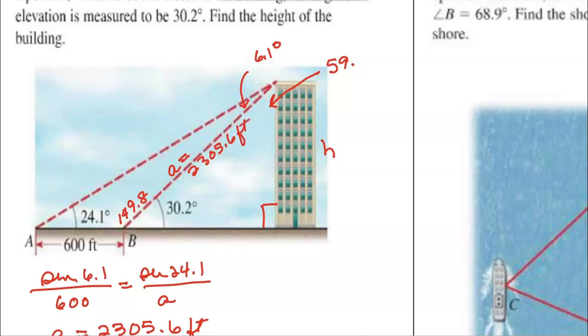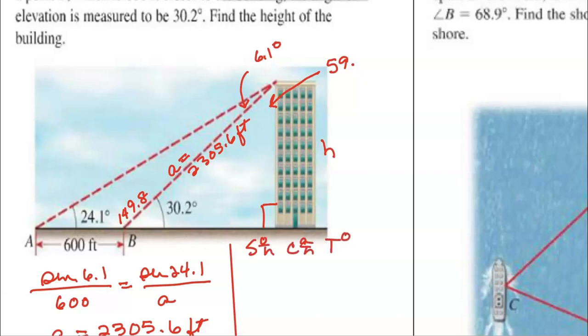So now I can use that as the hypotenuse of the right triangle to get the missing vertical section. So this was law of sines, and now I'm going to use SOHCAHTOA.